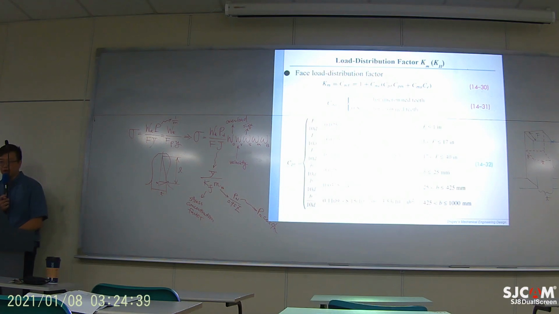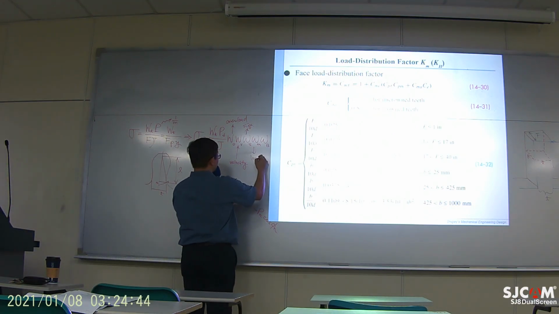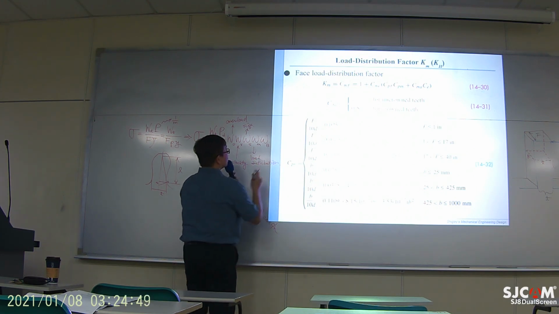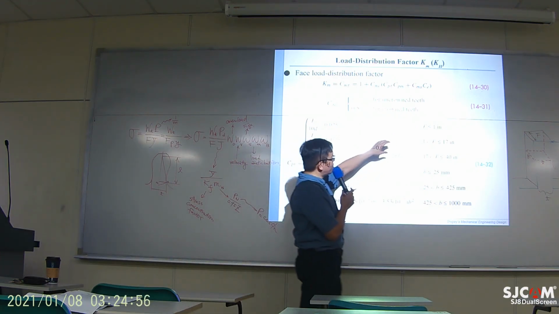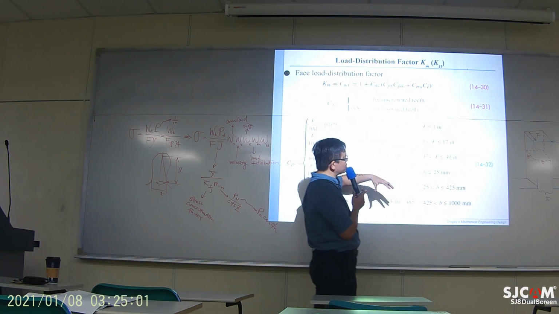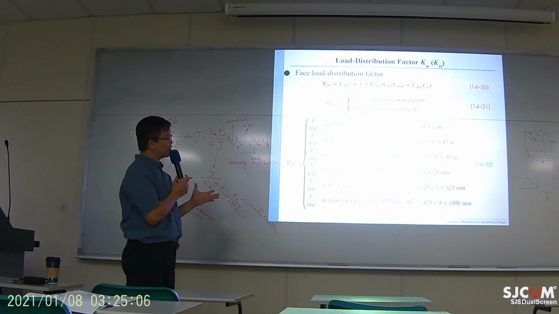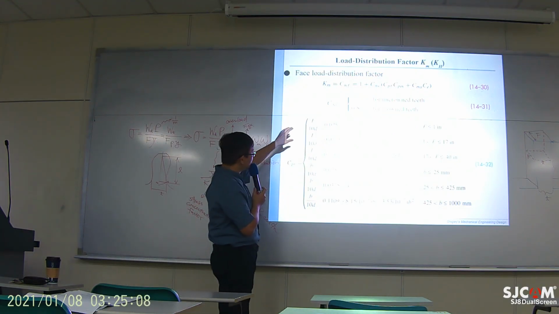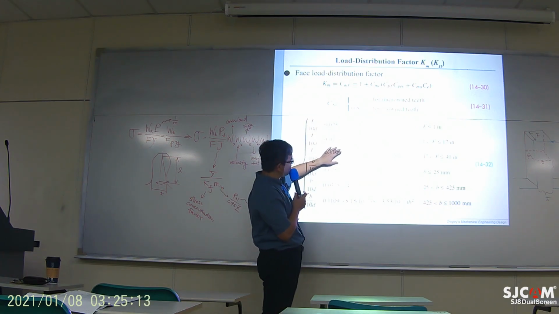This is Km, about load distribution. So what's going on with this one? From here you can see different sizes of the face width. The stress will be distributed on the tooth differently. Over here you can see there is a general equation but corrected by certain terms in the back.